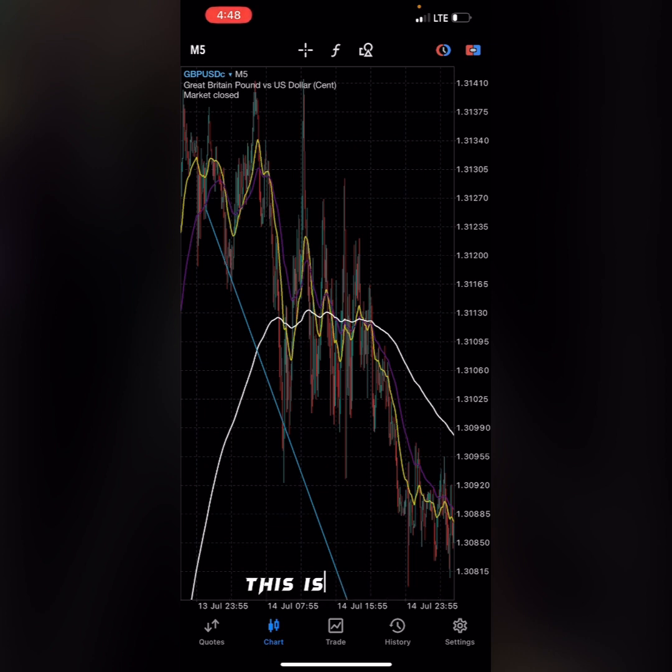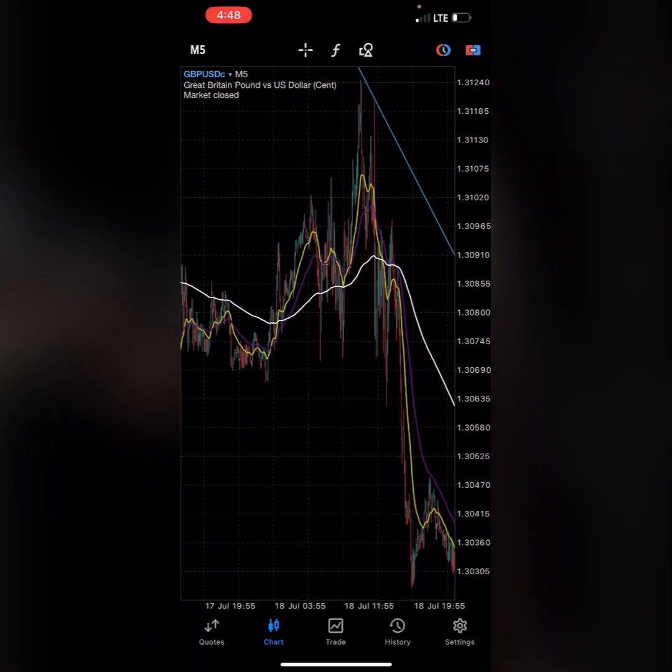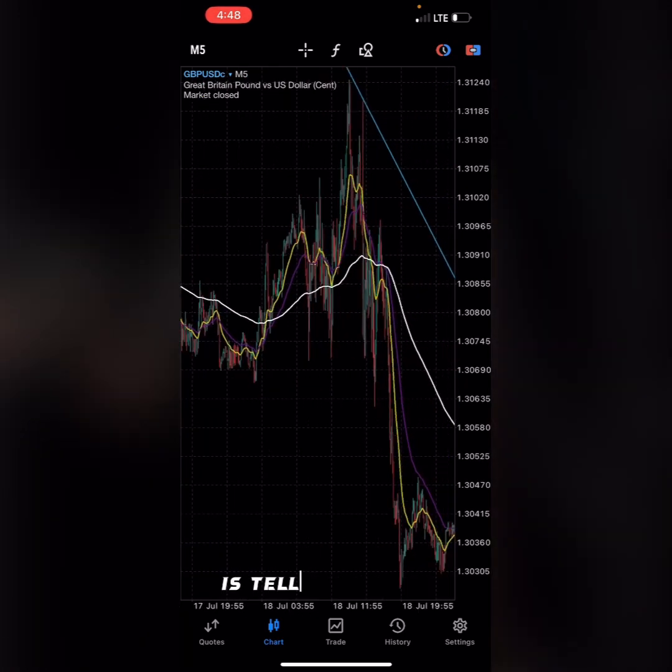That's it, guys. This is how it works. Now, first of all, we've seen on the 1 hour time frame that we have a downtrend. Since we're in a downtrend, it's telling us that we are only opportune to sell this market. We can't buy this market because we're in a downtrend.